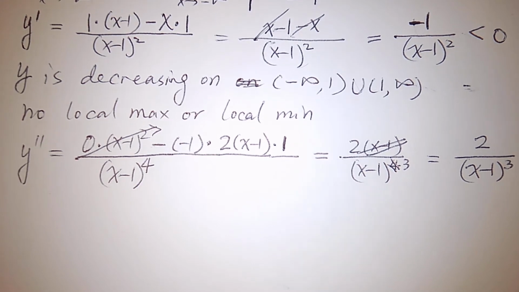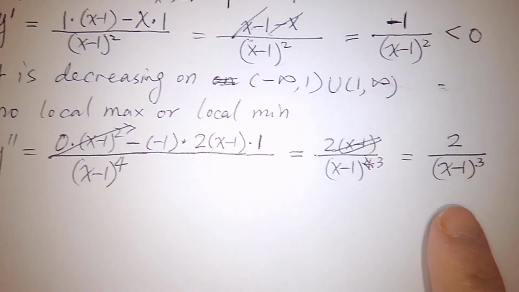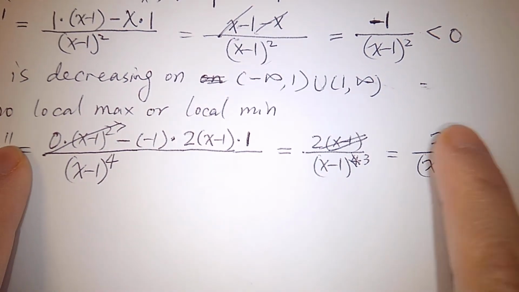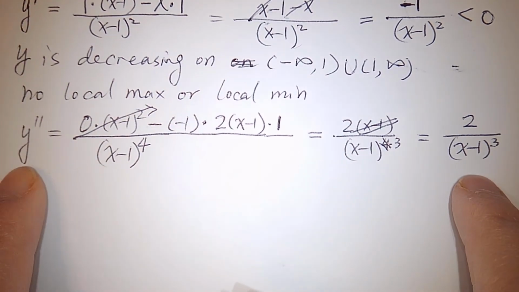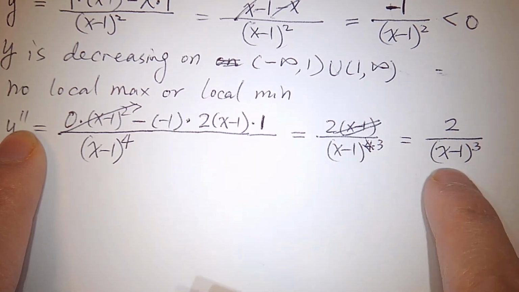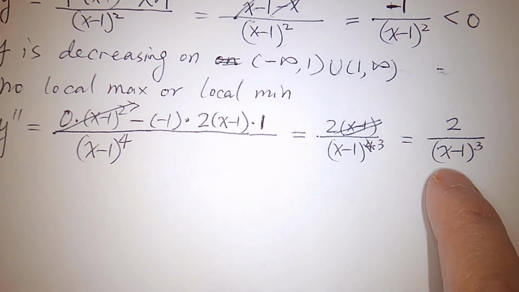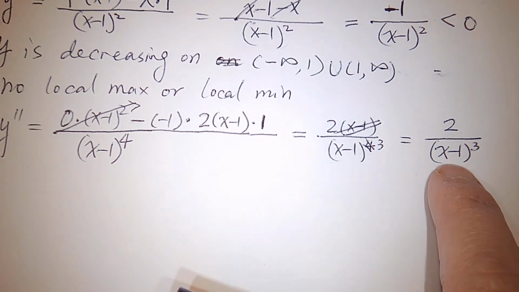So how to find the intervals of concavity? What should we do? Remember? Either y prime prime equals 0, find the x value. There's no way, it's the constant 2. Or y prime prime does not exist, which is when the denominator equals 0, find the x value, okay? For what x value does the denominator equal 0? x equals 1.